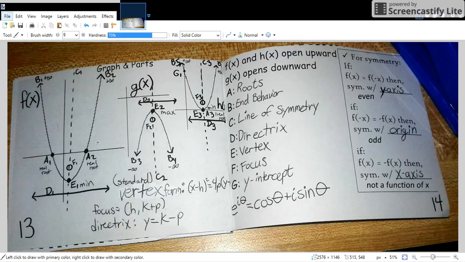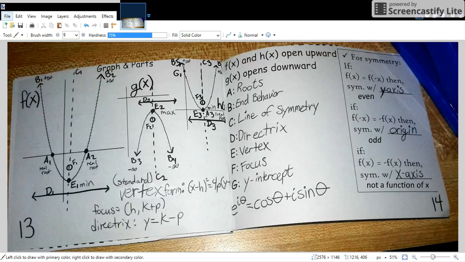So if you ever see a parabola or any kind of equation that has an even degree, that means that our end behavior is going to be going to the same place before and after. Now, if it's odd, that's when it changes up a little bit.